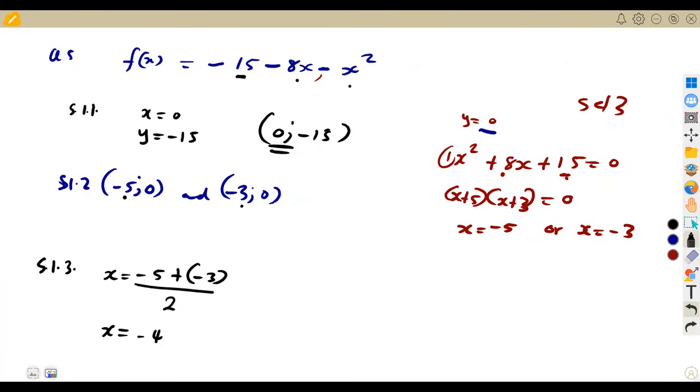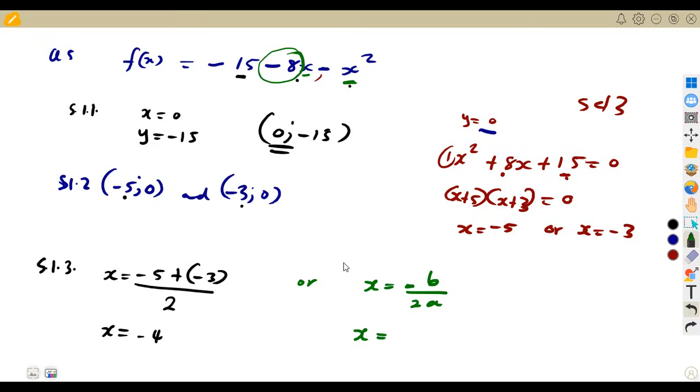We are going to obtain a negative 4, or we can use the formula for the value of x at the axis of symmetry. We've got x being equal to minus b over 2a. Remember, from this part here, this is our x squared, so this part of x is the one that carries b.